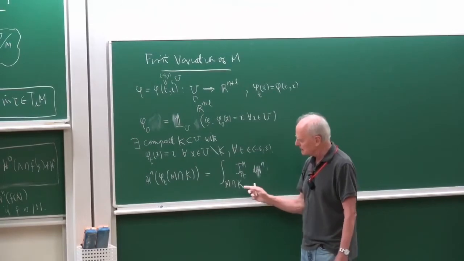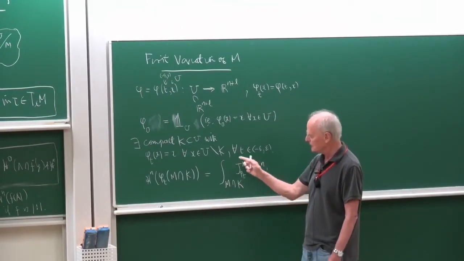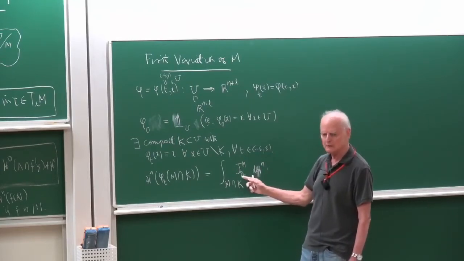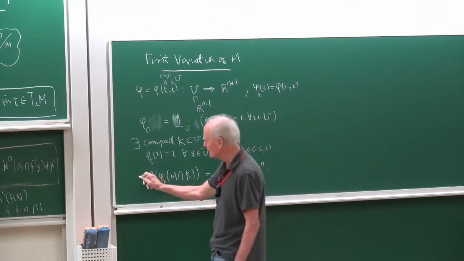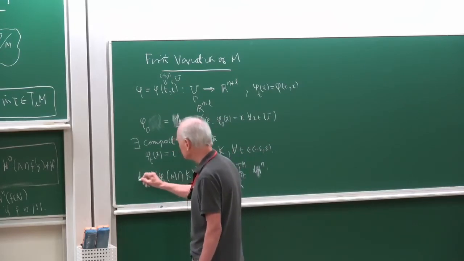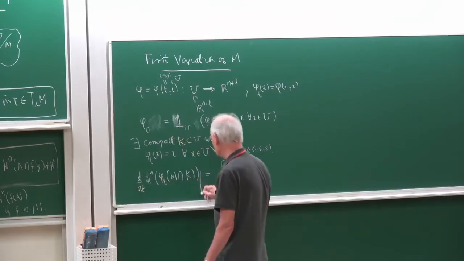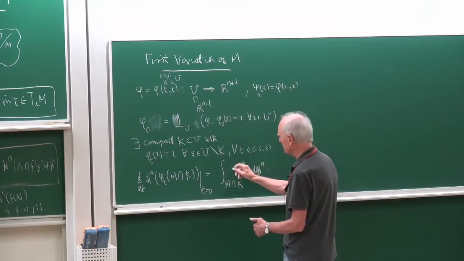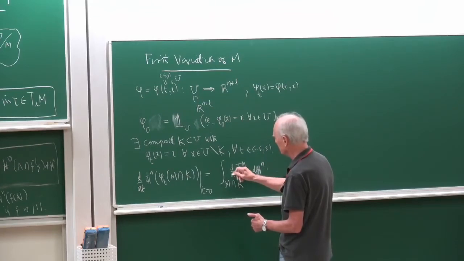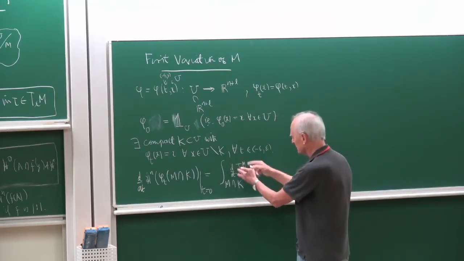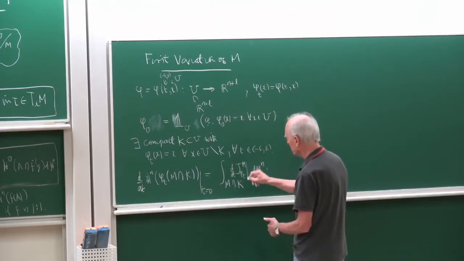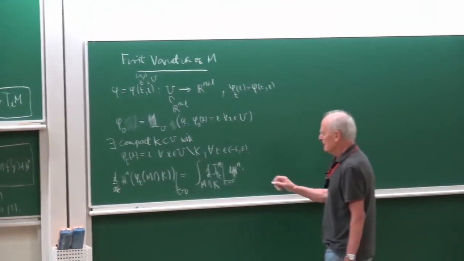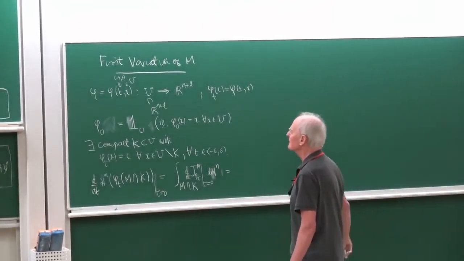It doesn't matter that M is not smooth, because all we've got here is this Jacobian expression, which is a smooth function of t, so it certainly makes sense to take the derivative. And by the usual theorem, you can take the derivative under the integral sign, since everything is finite and smooth as a function of t, at t equals 0.